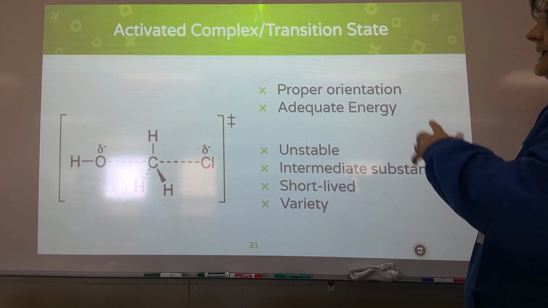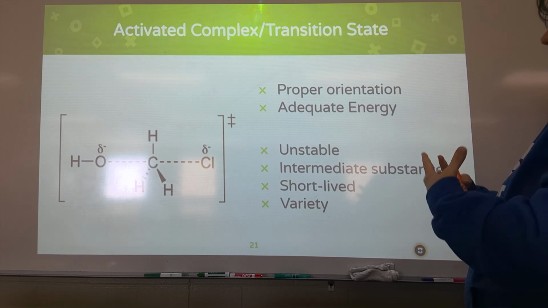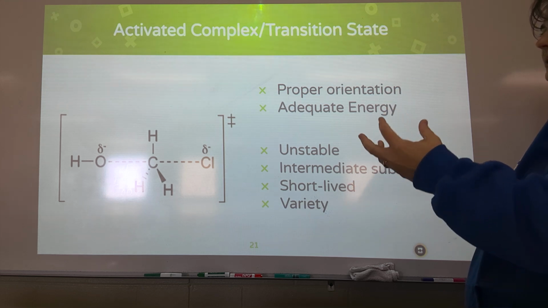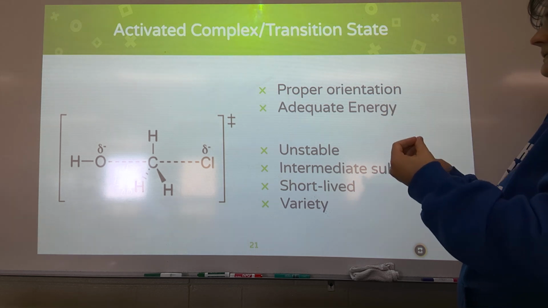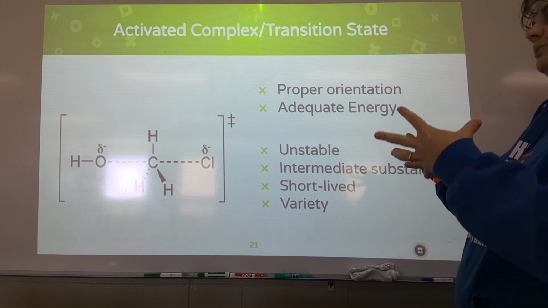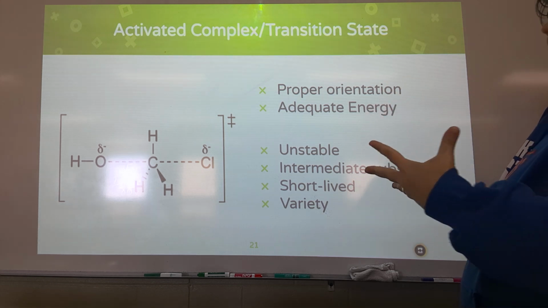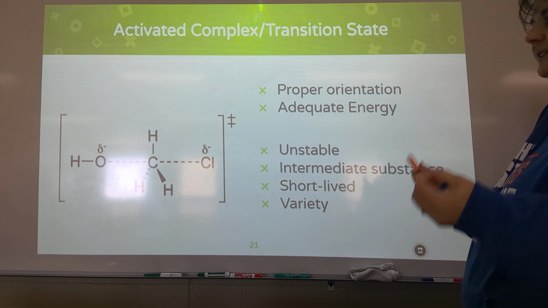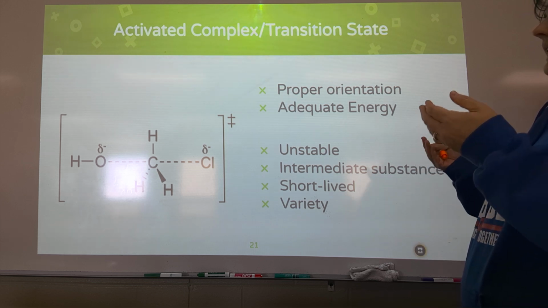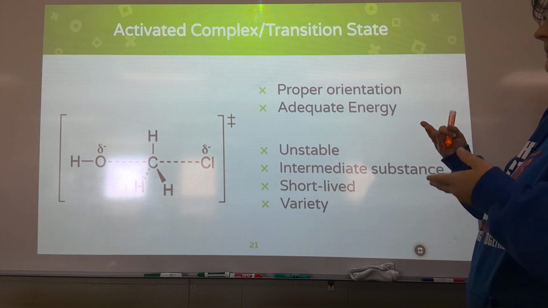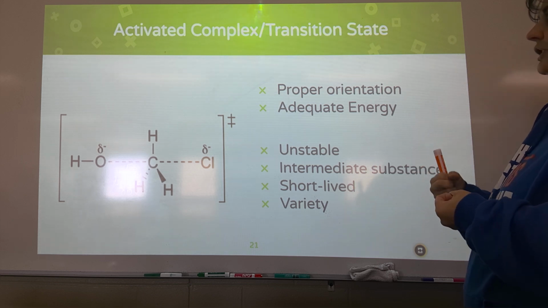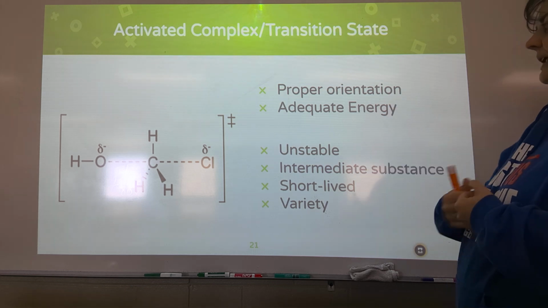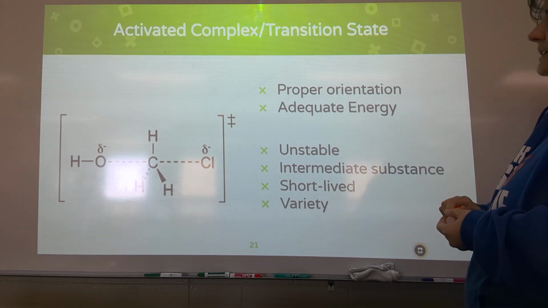But it gives you this weird molecule that is part of your reactant, but also kind of looks like your product, where they're all interacting in the same region. It's a very, very high energy state, and it assumes that the reactants have come together with the proper orientation and adequate energy, and you can form this activated complex.